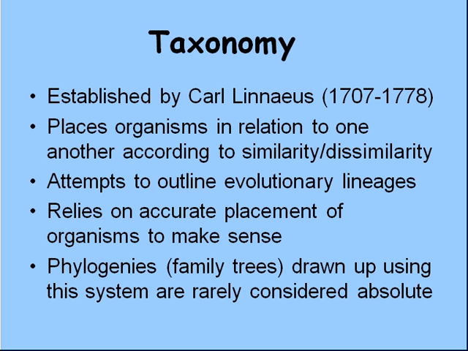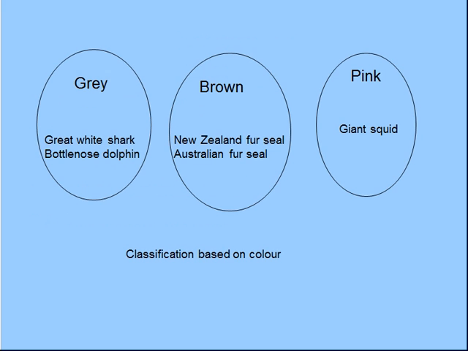Okay, so this is my classification, and you may have done something completely different. I just decided to go with colors to start. A great white shark and a bottlenose dolphin, both kind of gray with some variation, of course, the great white shark being a lot darker on top and whiter on the bottom.